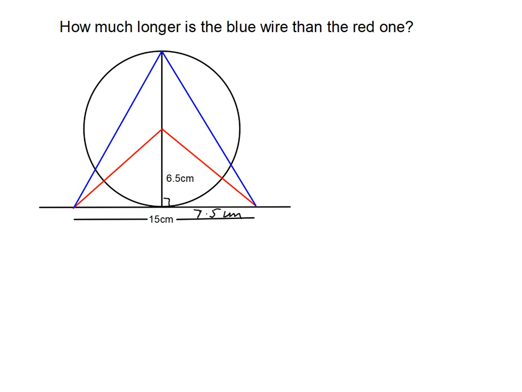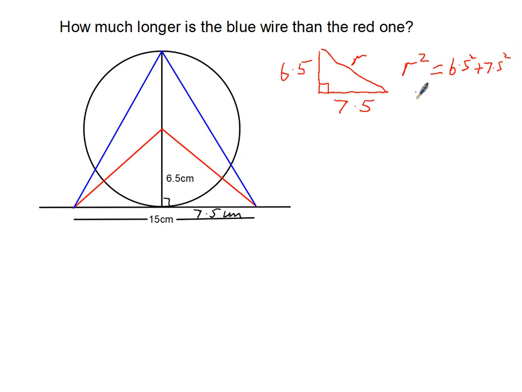Okay, now I'm going to break this up a little bit to make it easier for us. So I'm going to draw another little diagram. So in my red pen, we'll have the red triangle, which has a height of 6.5 and a length of 7.5. And I'll call this length R, because that is my red length. Okay, so R squared is 6.5 squared plus 7.5 squared.